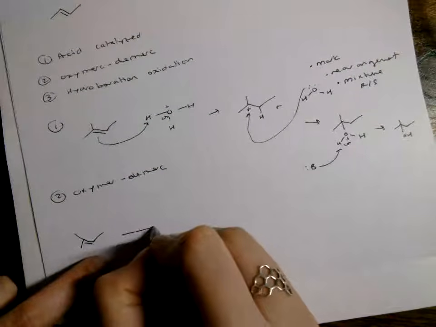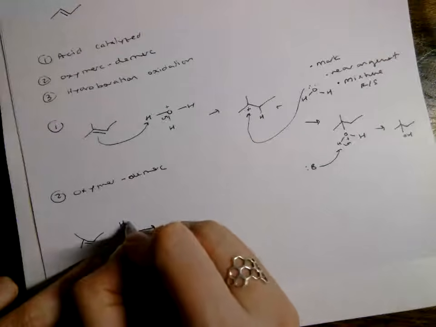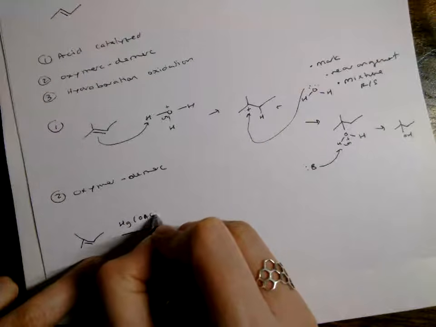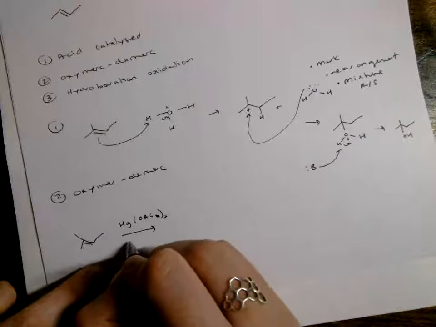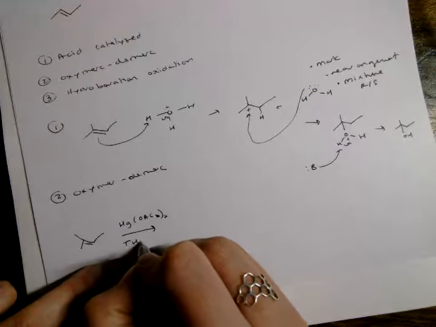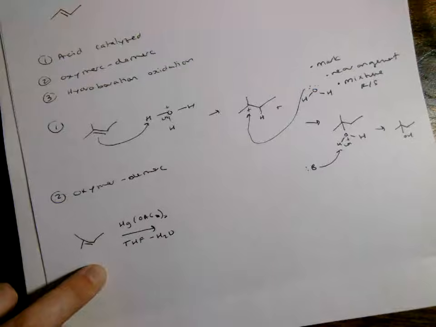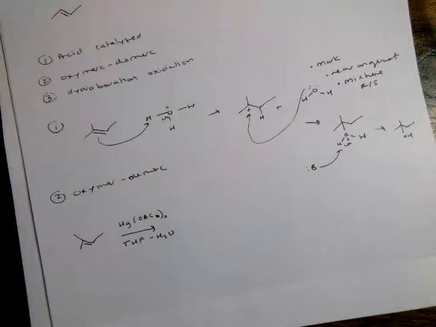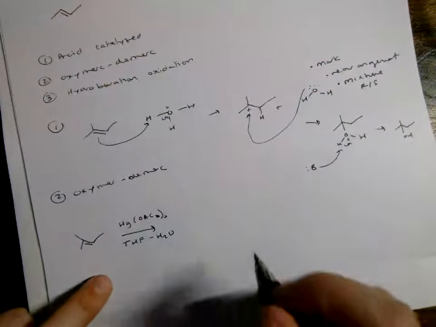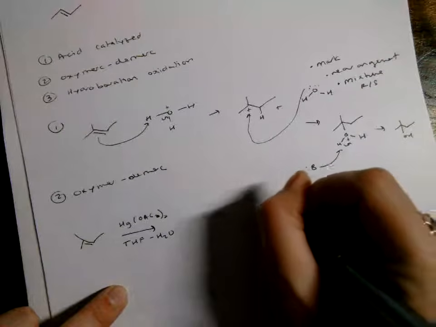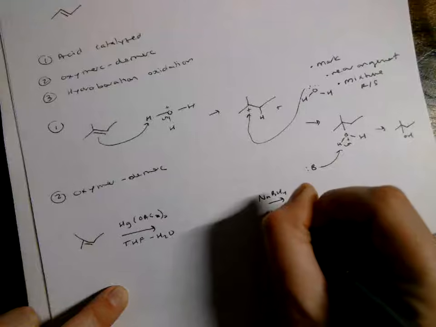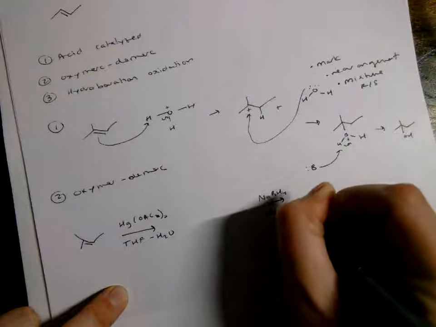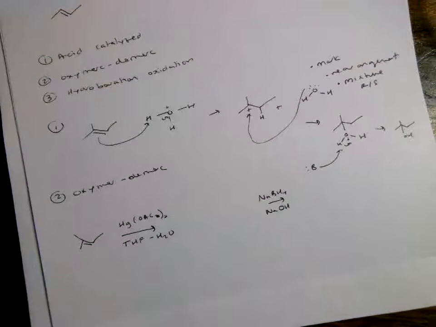I drew it kind of crazy this time. These reagents, it's a two-step reaction. So you'll see this first. And then the next step looks like this: NaOH or KOH or some kind of OH minus.